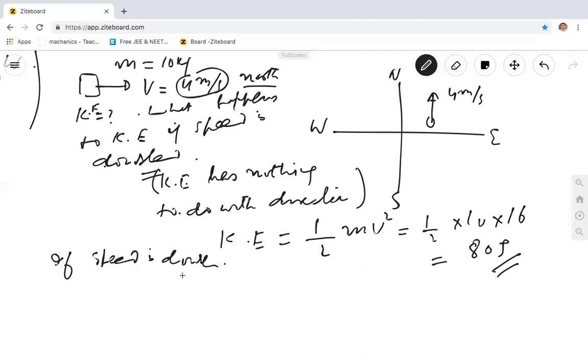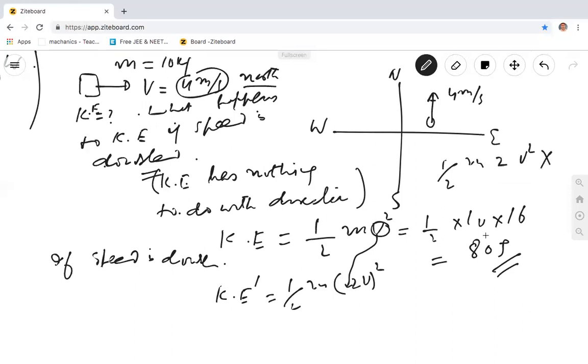If speed is doubled, it is this v which doubles. Kinetic energy becomes 1 by 2 m (2v) whole square. Because it is this speed which is doubled, the square applies to both. So the confusion may be that you will do 1 by 2 m 2v square.